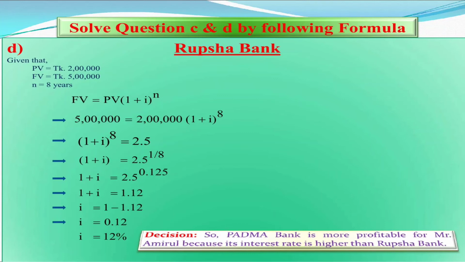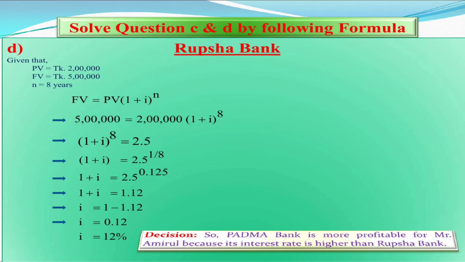In case of Rupsha Bank, the future value is 5 lakh, the present value is the same as Padma Bank, 2 lakh, and n equals 8 years. So (1 + I)^8 equals 2.5. How did we get 2.5? 5 lakh divided by 2 lakh equals 2.5.